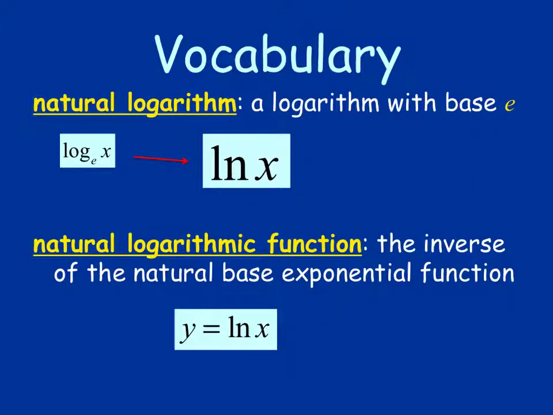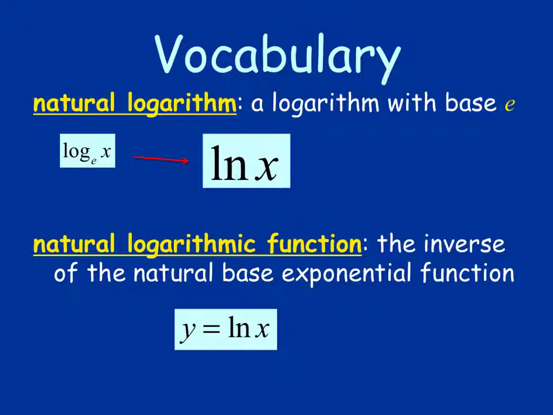The natural logarithm then is just a logarithm with base e. So it's exactly the same as what we've been doing, just the base now is, instead of another number like 10 or a or b or whatever, it's now the letter e, which is actually a value, 2.718 approximately.